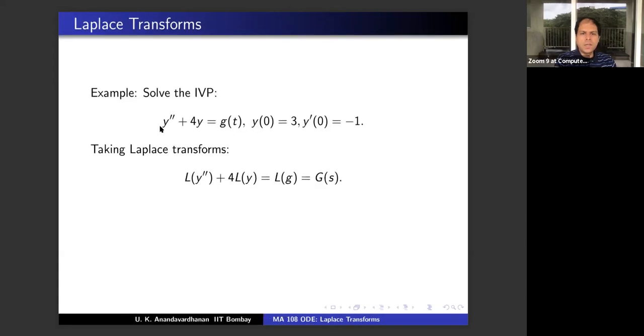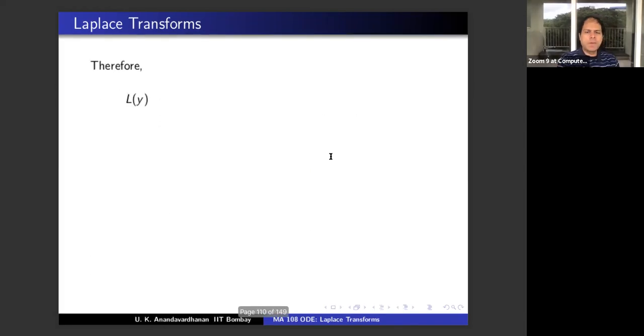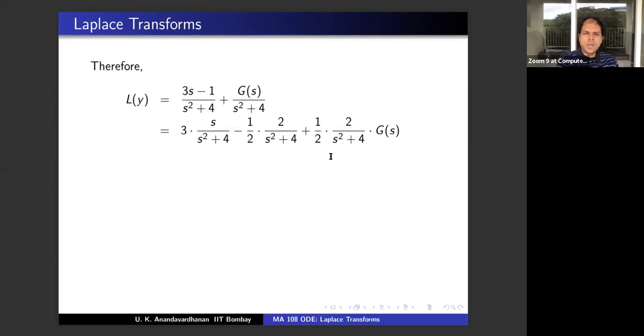So here is something interesting. I have not told you what is G. Okay, I have not told you what is G. So what you have is L of G, which is G of S, capital G. Whatever it is, you have got this, and that you have written as partial fractions. But here you know that G of S is coming still, but that doesn't matter.